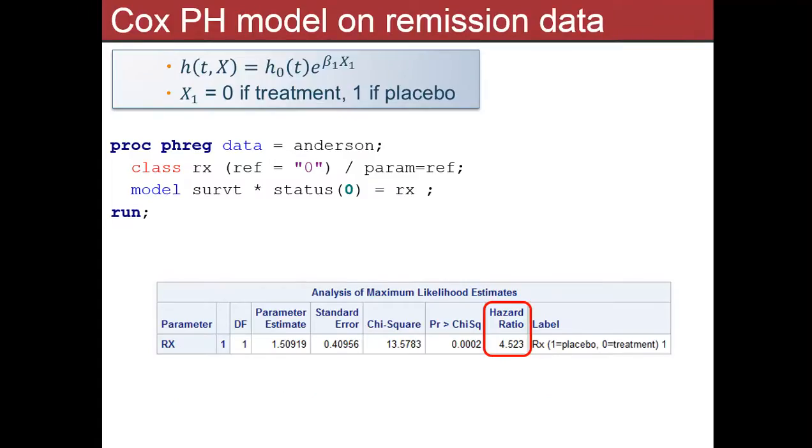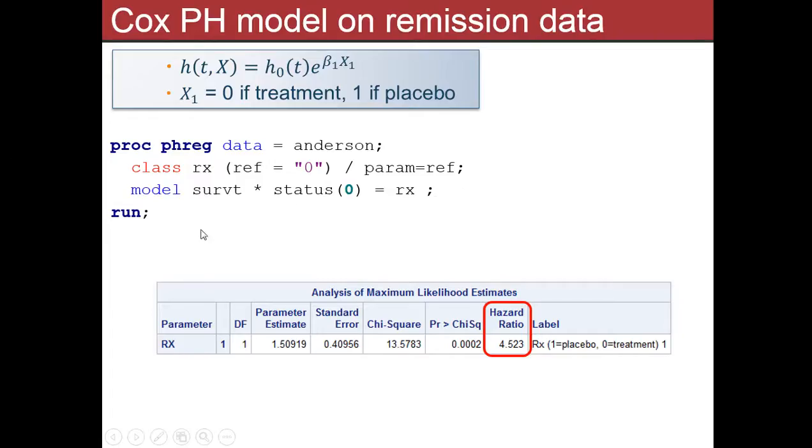So here is the data in PHREG. This is the analysis that you would do if you fit PHREG to the survival data. Here we have proc phreg data equals Anderson. The reference group again is going to be the treated. It says placebo versus treatment, and survival time by status treatment.